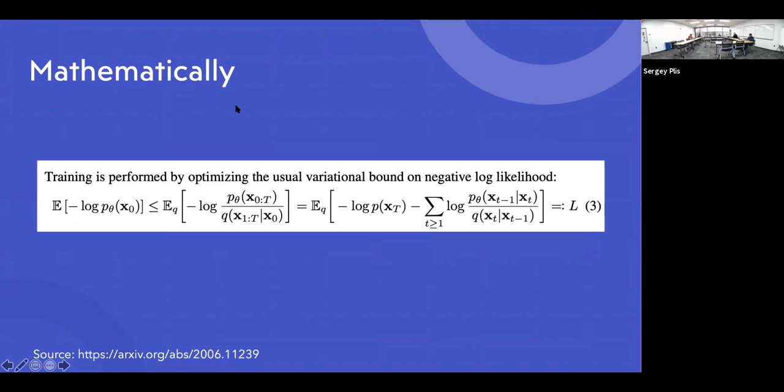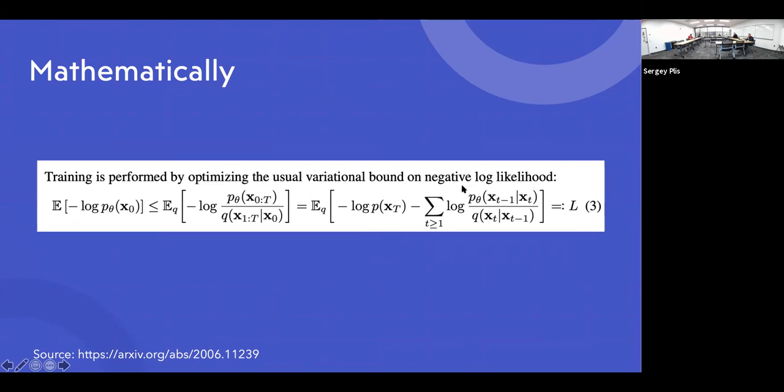And the training is actually performed using the same idea as the variational autoencoder, namely the variational bound on the negative log likelihood. And this looks very complex. But what it's basically saying is we have the log probability of the final noise, and a lot of KL divergences.